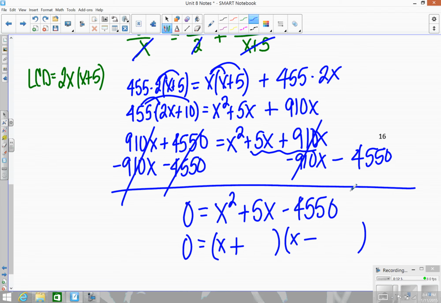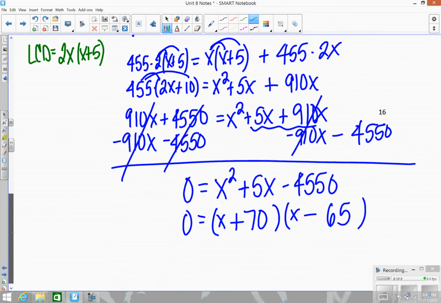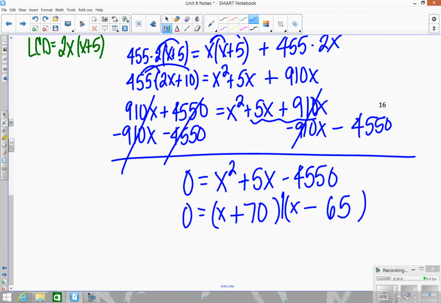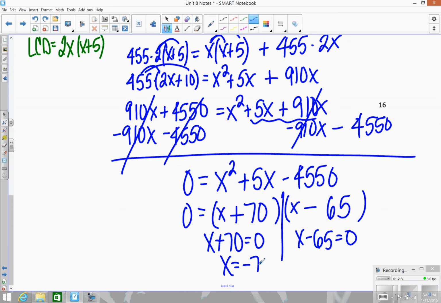So 65 is actually going to go into 4550. So 65 and 70 are going to work. Each piece of these I can now set equal to 0. So we get x equals negative 70 and x equals 65.